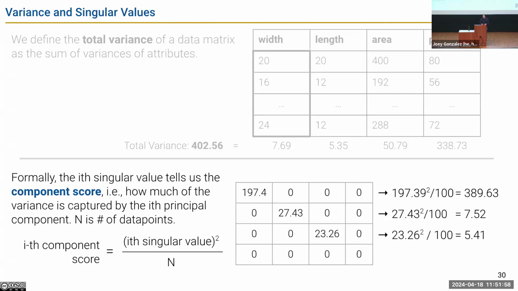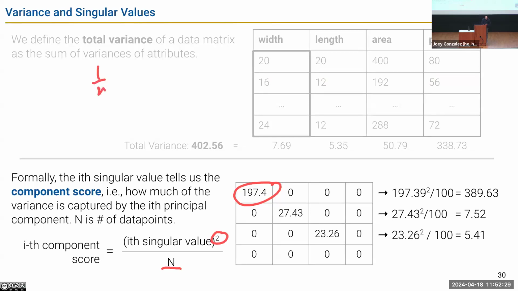All right, so the way to compute the variance of each of my new dimensions when I've projected onto these principal components is to take the ith singular value, just 197.4, the singular value for the first principal component, and square it, because remember, it's s squared to get the variance, the singular values of the covariance matrix. And I need to divide by n, because remember, covariance matrix is scaled by 1 over n. I guess I lied earlier.